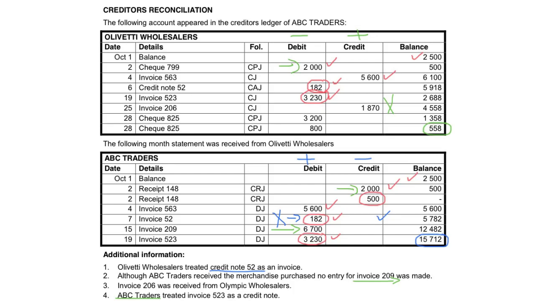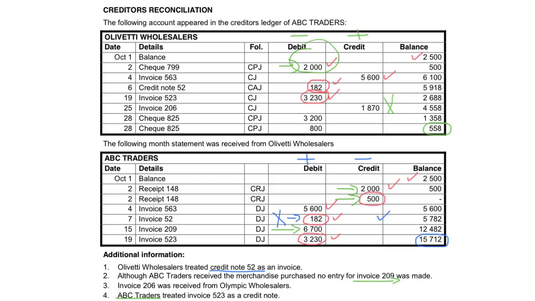But in the books of Olivetti Wholesalers, they entered the 500 Rand discount. So Olivetti Wholesalers account here must reduce with 500 because ABC Traders never recorded that 500.